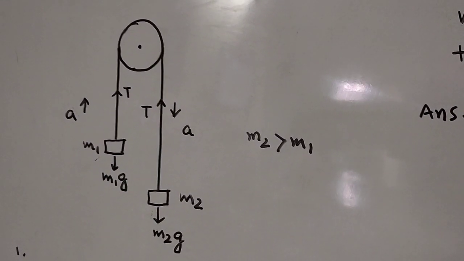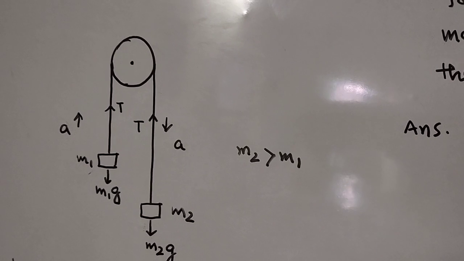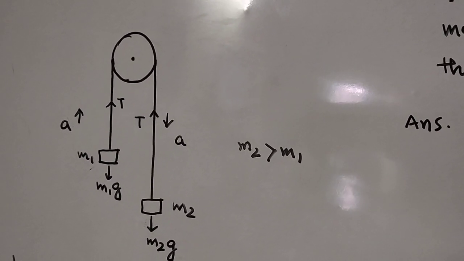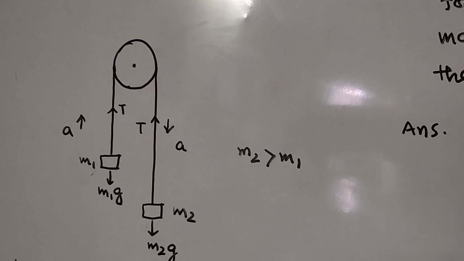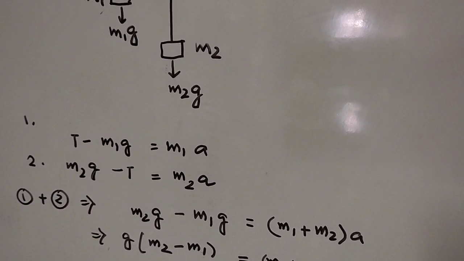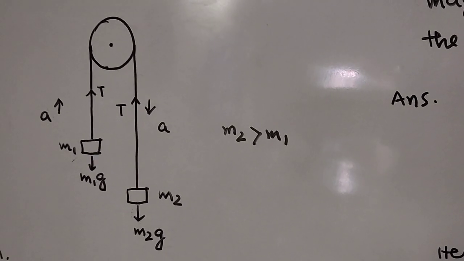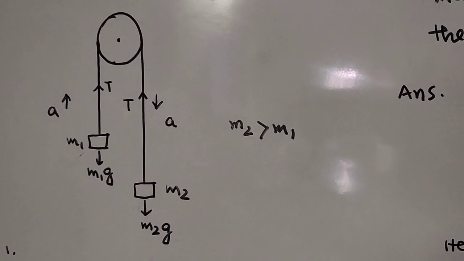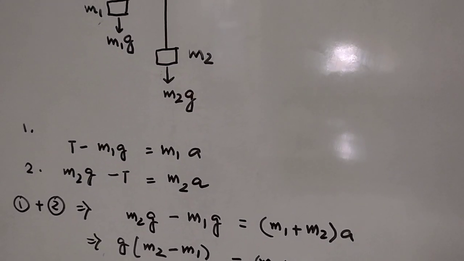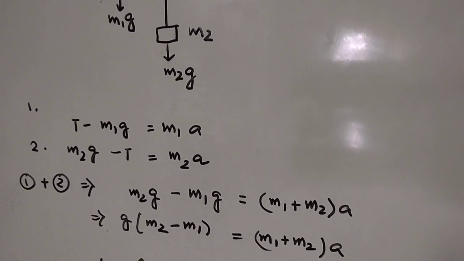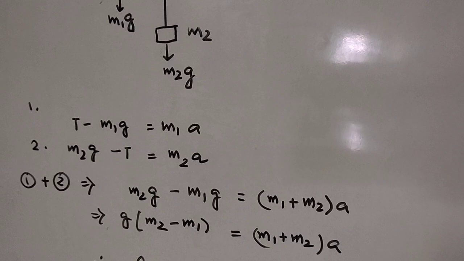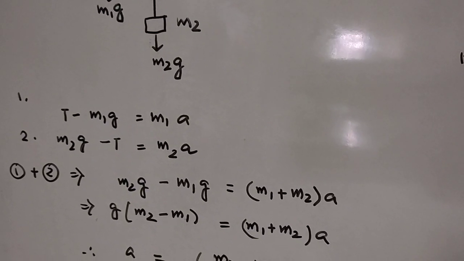So T is the tension, and tension also depends on the property of the string, the material of the string basically. So you have to write the equation as the system is moving up on the left hand side. So T minus m1g equal to m1a. So this is equation number one. And on the right side, the system is getting down, so m2g is the weight, m2g minus T equal to m2a. So 1 plus 2 gives m2g minus m1g equal to (m1 plus m2)a.